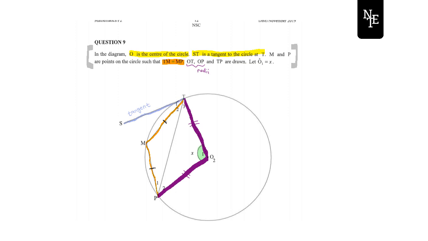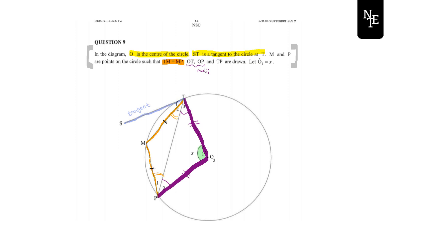So we can carry on to say that because of that, angle P1 is equal to angle T2, and from the other side, angle T3 is equal to angle P2. Let's go back to this tangent. The angle between the tangent and the chord in this diagram is T1.